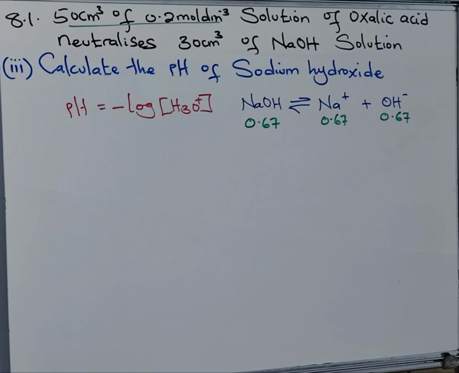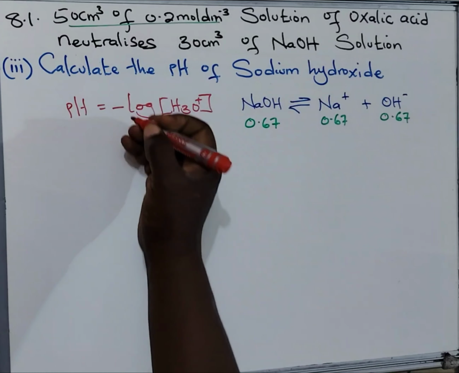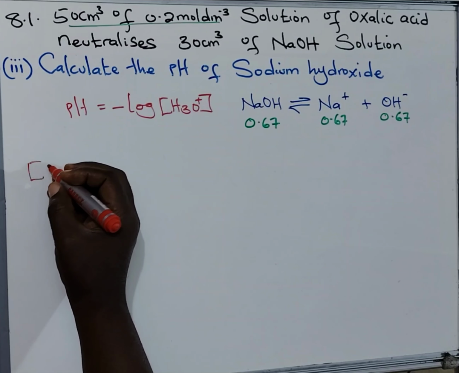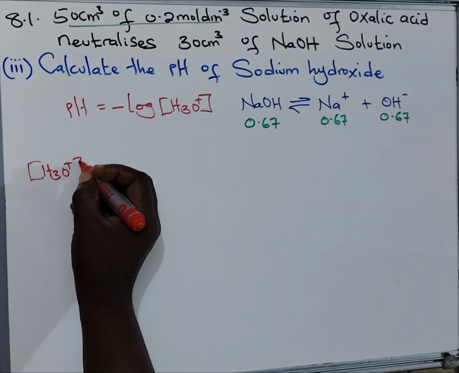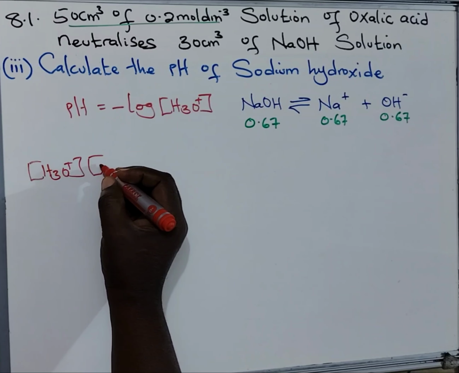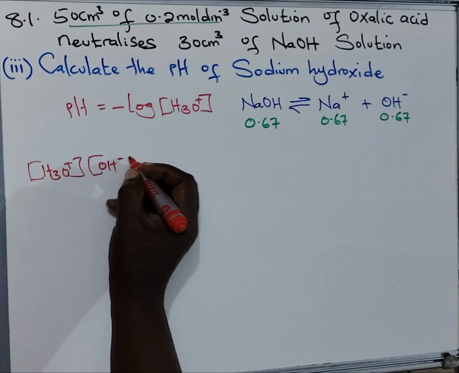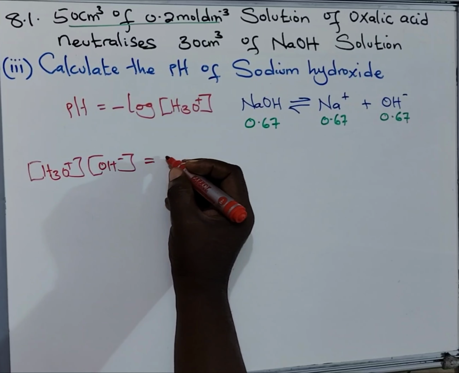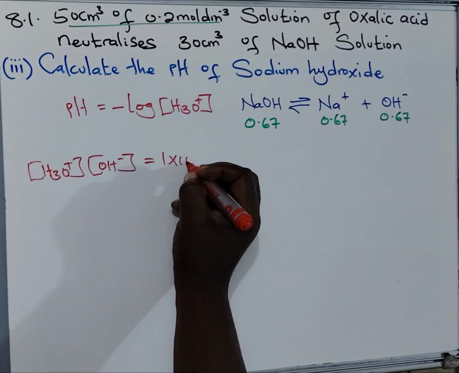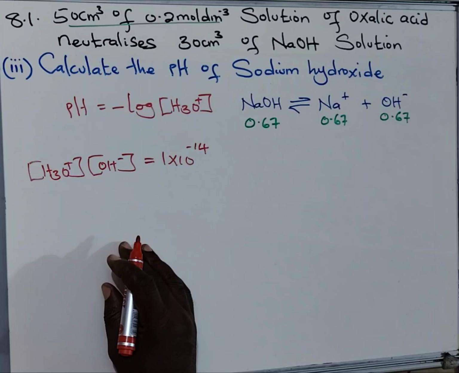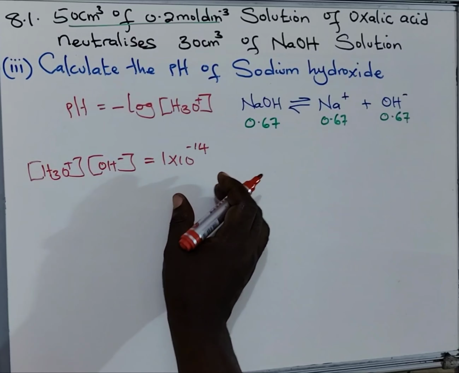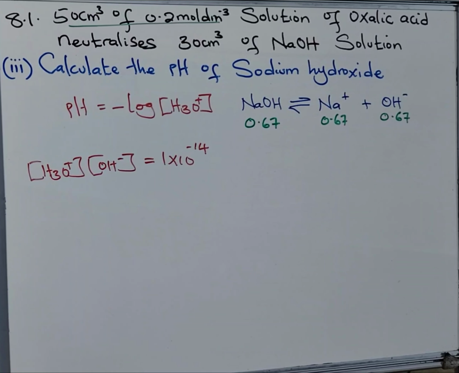So what is the escape route? The escape route is that we know that for a solution, the concentration of hydronium ion multiplied by the concentration of hydroxide ion gives you 1 times 10 power minus 14. Okay? So this is what we call Kw, the water dissociation constant.